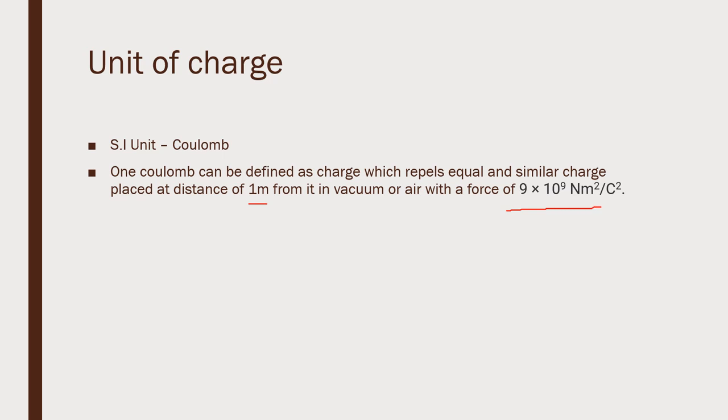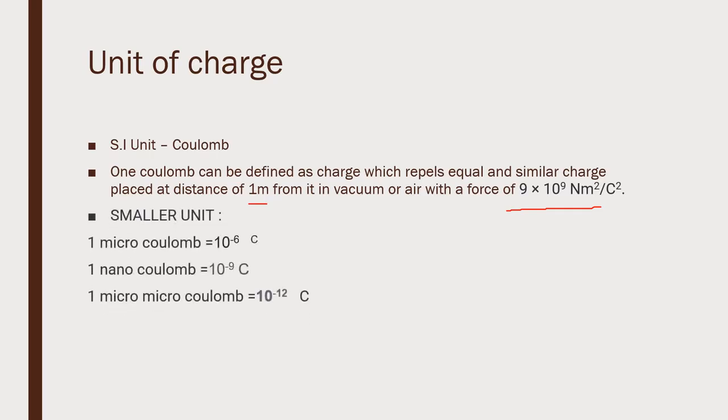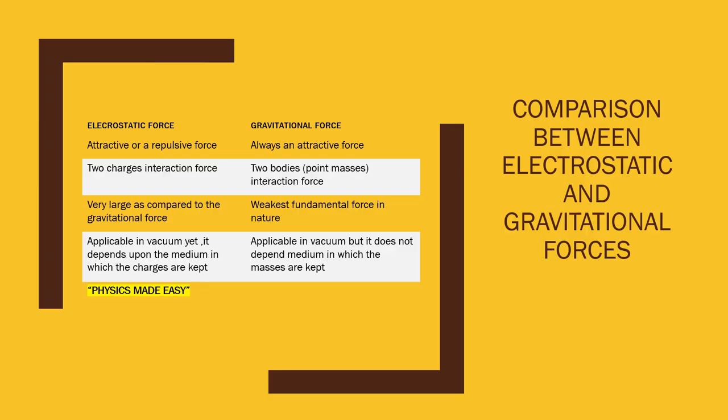There are some other smaller units of charges. First one is the millicoulomb, microcoulomb, nanocoulomb. And here is the scale to represent 1 millicoulomb, 1 microcoulomb, and 1 nanocoulomb in units of coulomb.